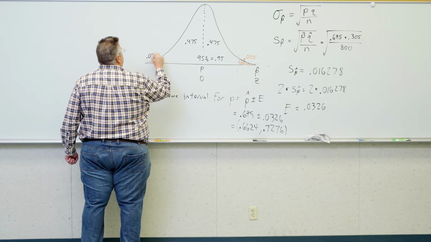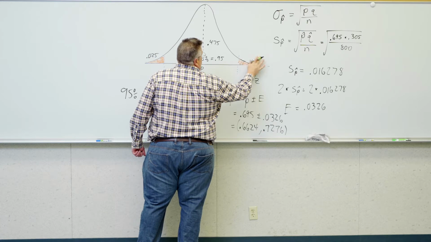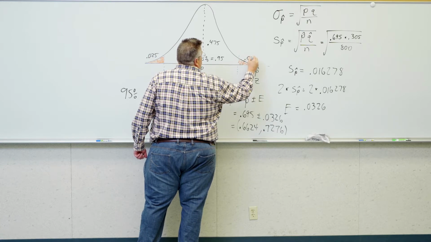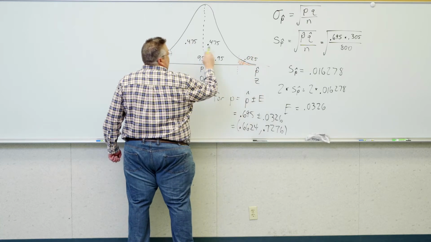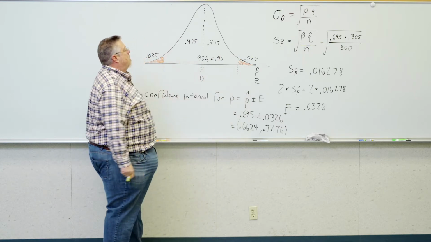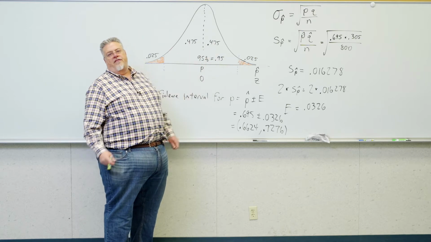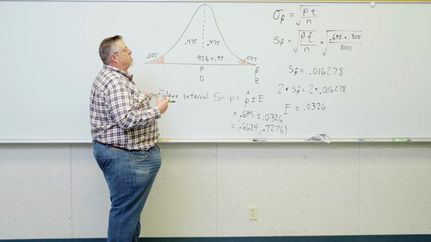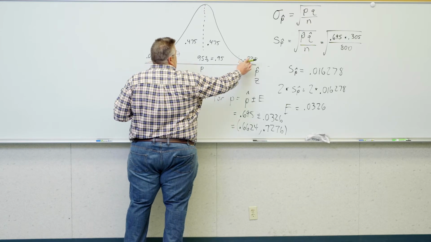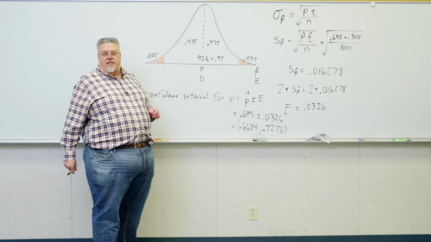I've got 2.5% in this tail and 2.5% in this tail. Note that these 2 add up to 0.5, 0.5, and all 4 of these add up to 1. Got 95% split between these 2. The other 5% is out in the tails, cutting that in half. 2.5% in this tail, 2.5% in this tail.